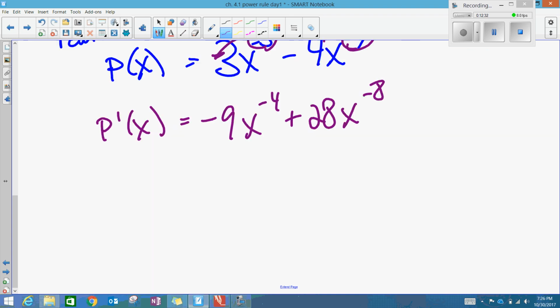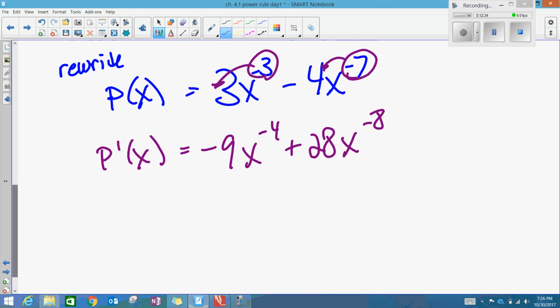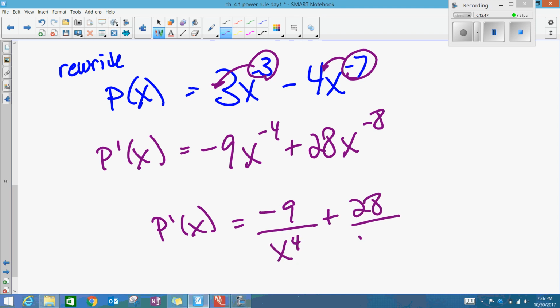Again, you have to kind of be quick with your multiplication facts. So now, when I clean it up to get my final answer, the negative 9 just stays on top over x to the 4th plus 28 over x to the 8th.